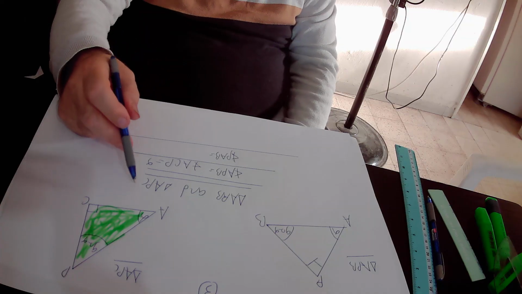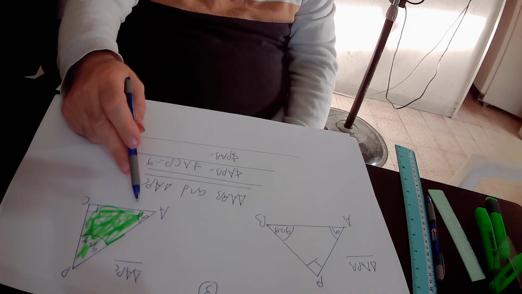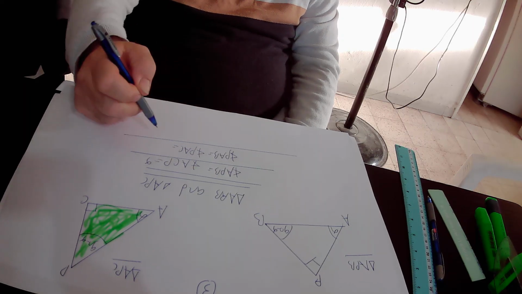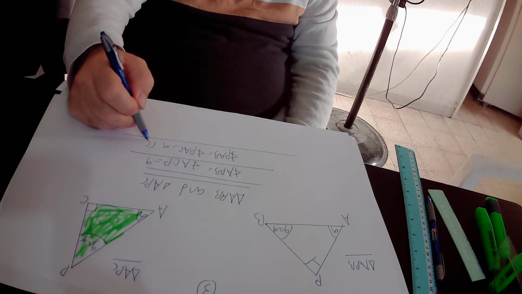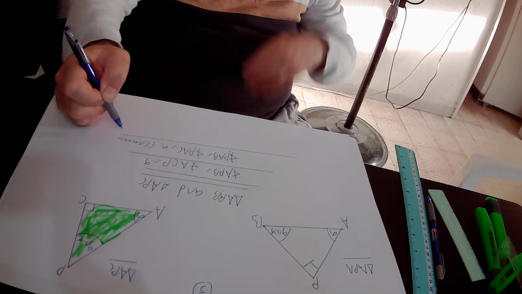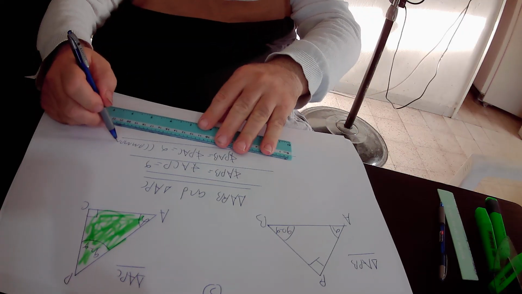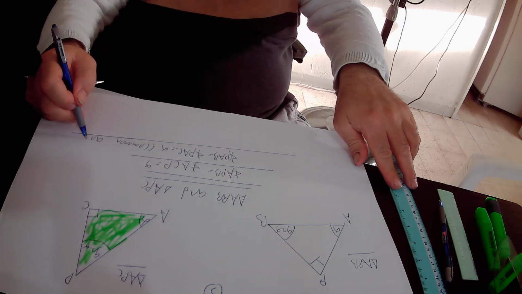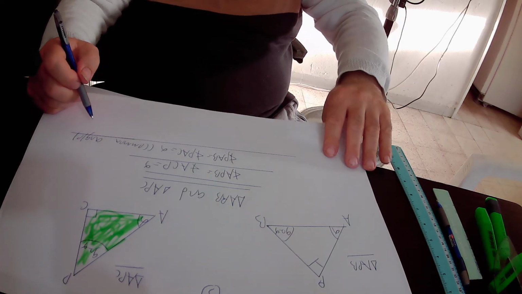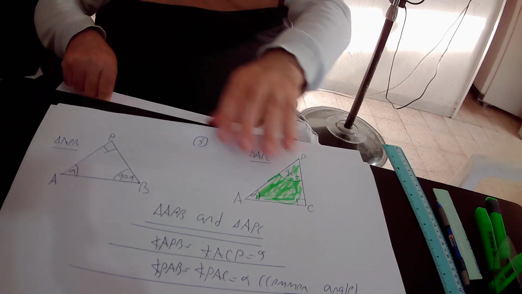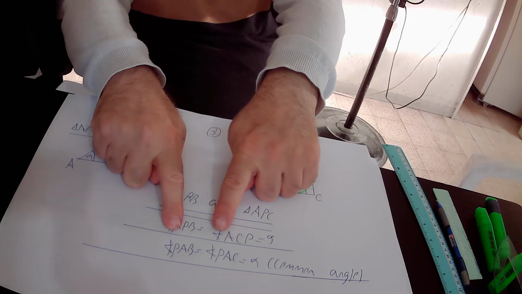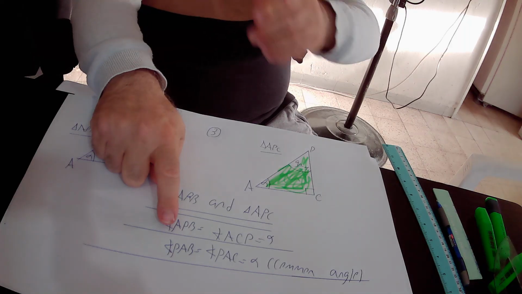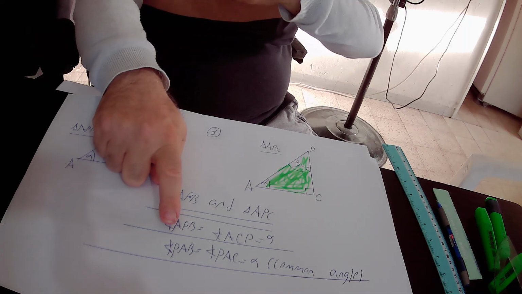If we relate to angle alpha as it belongs to the green triangle, it will be defined as angle PAC. Repeat again: this equation means that angle alpha equals itself. We just called angle alpha by two different names. Angle alpha equals itself as a common angle that belongs to both triangles.